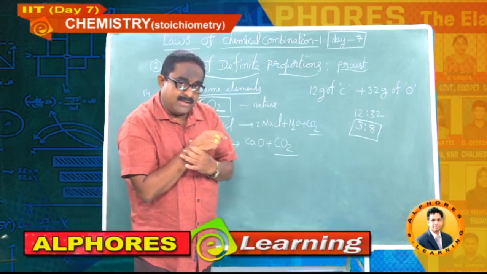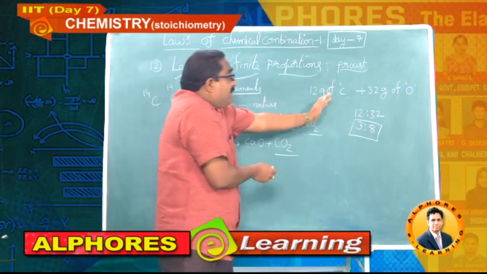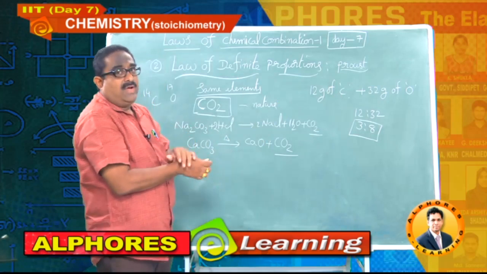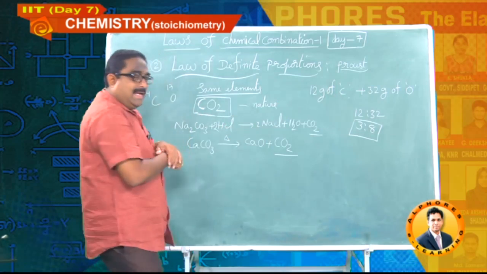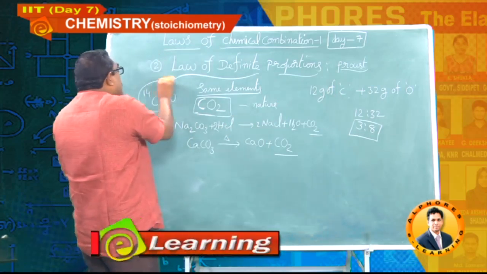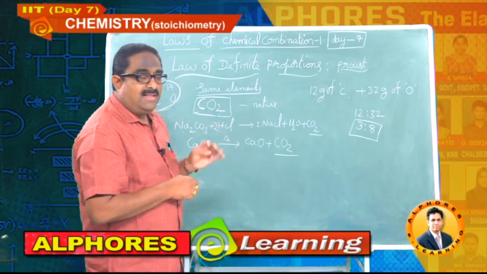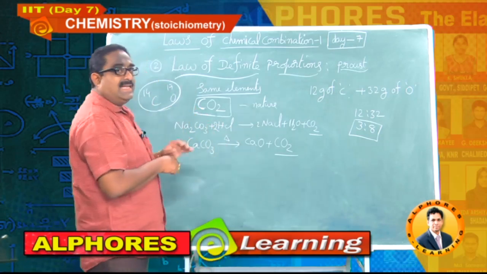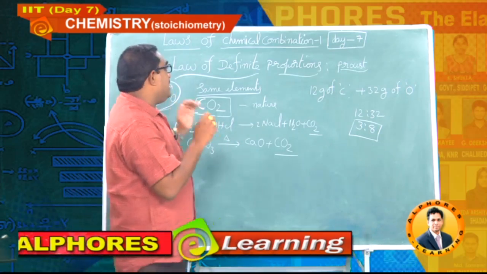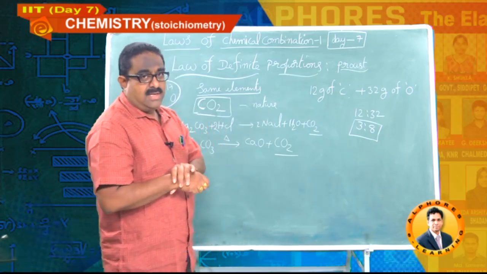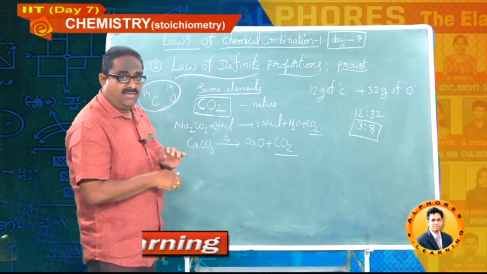In such a case, if carbon has more than one type of isotope, then you are not supposed to write like this. So if isotopes are involved, then you cannot apply this law as it is. That is the limitation of this law of definite proportions. It is correct, but it has that limitation. Okay.